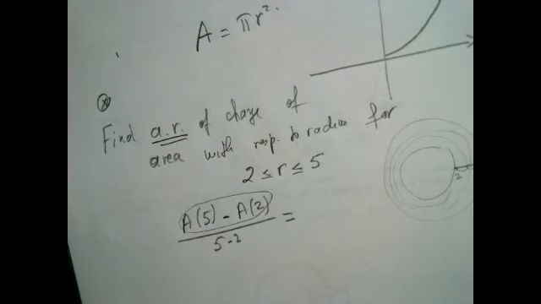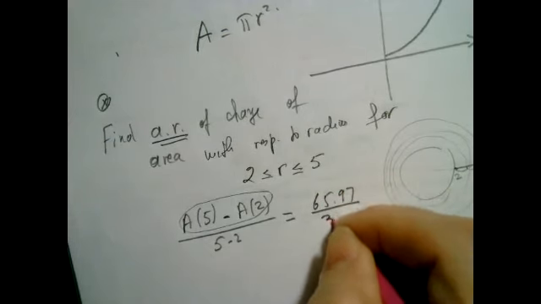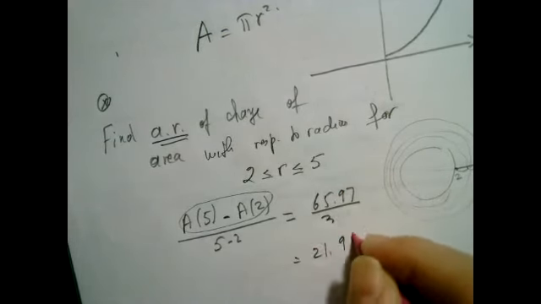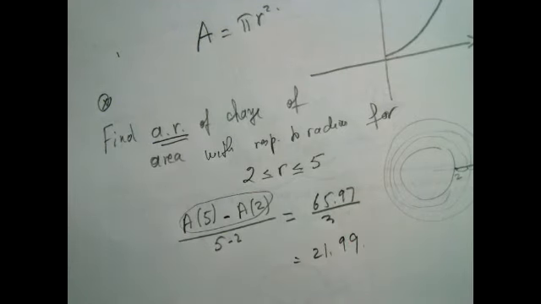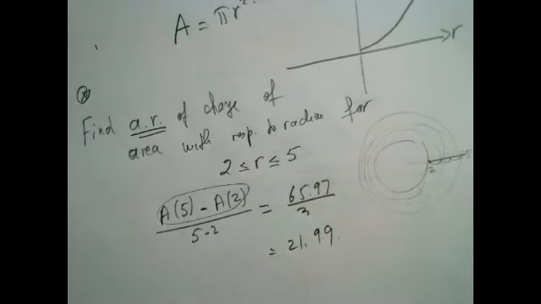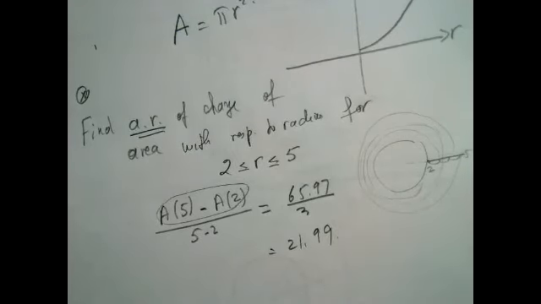If you guys have a calculator, it will help if you help me with that. So it's going to give me 65.97 divided by 3. It's giving me 21.9. All right. Now, what's the unit of the average rate? Think about what we did mathematically and assign a unit to the average rate.